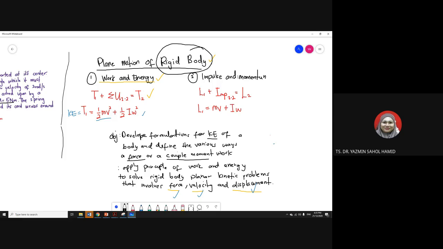It's also the same with impulse and momentum for particles and rigid body, which is L1 plus impulse 1 to 2 equals L2. So these two formulas are very similar to the formulas that you did for particles. But today we're going to focus on rigid body.